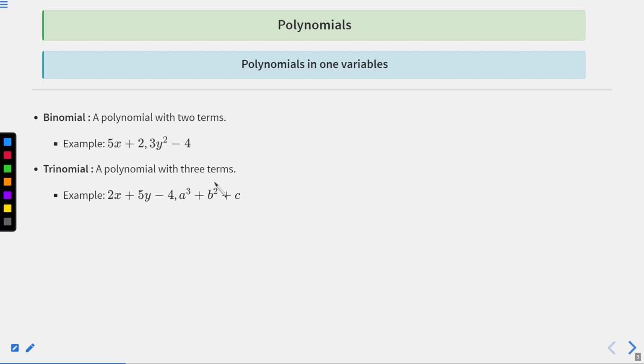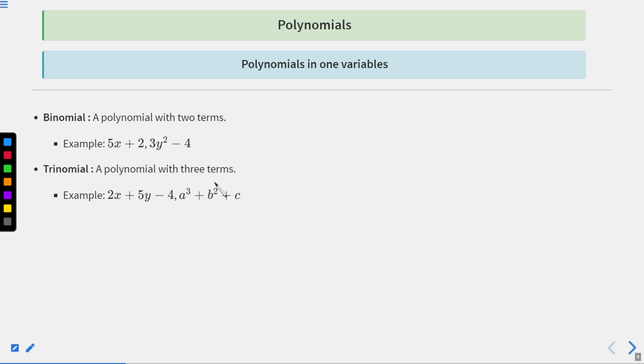In this polynomial we have two terms, one is 5x and the other is 2, so this polynomial is a binomial. The second example is 3y square minus 4. The terms are 3y square and minus 4 respectively. This polynomial has two terms, therefore it is a binomial.